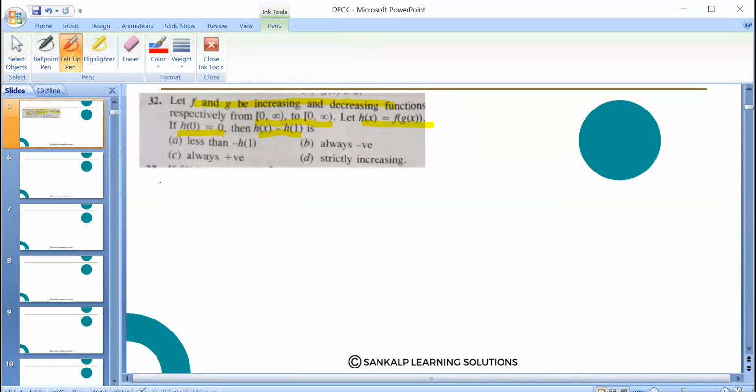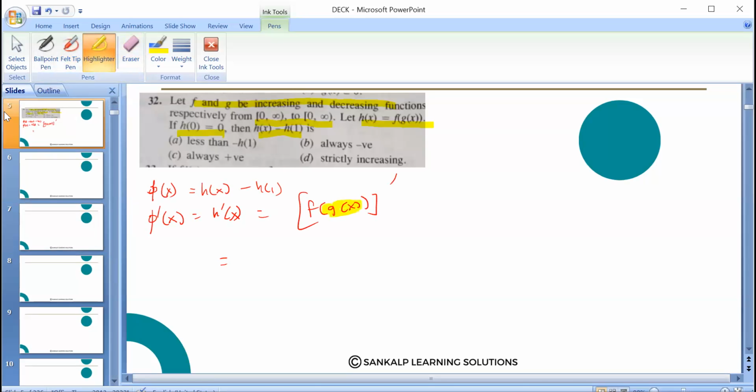Because we have to find h of x minus h of 1, let us take this as phi of x. When you find the derivative of phi of x, you have h dash x. What is h dash x? F of g of x derivative. That means you have to use chain rule, outer function, inner function. Derivative of f is f dash of g of x into inner function g, derivative is g dash of x.